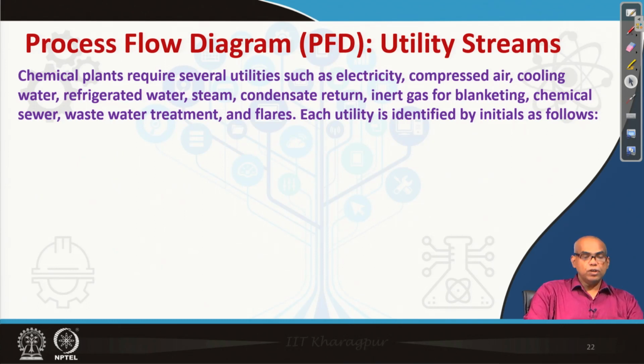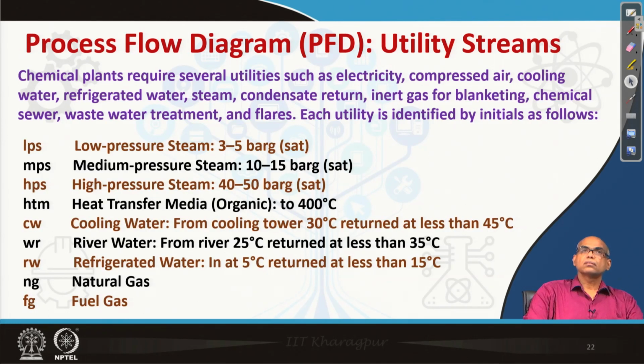What about utility streams? Chemical plants require several utilities such as electricity, compressed air, cooling water, refrigerated water, steam, condensate return, inert gas for blanketing, chemical sewer, wastewater treatment and flares. Each utility is identified by initials and these are shown here.